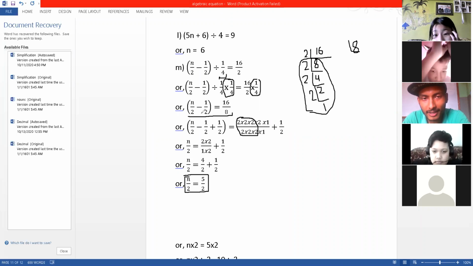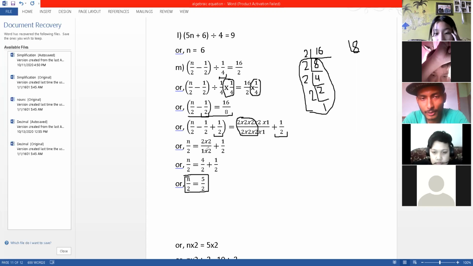So to get rid of this minus 1 by 2, I have added 1 by 2 here. Because of that, there is 1 by 2 here also. This 1 by 2 has nothing to do with 16 by 8. It is just a 1 by 2 that I put here to remove this minus 1 by 2. So minus 1 by 2 is removed.